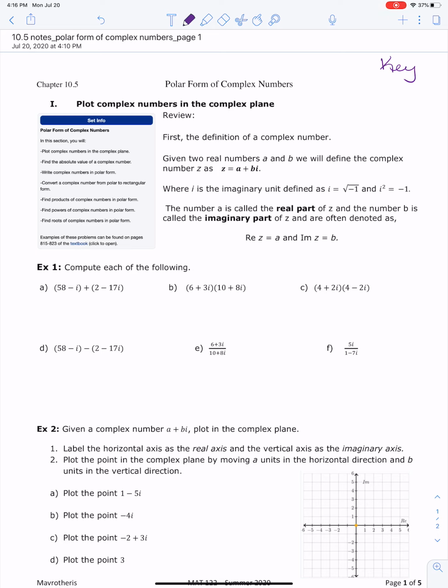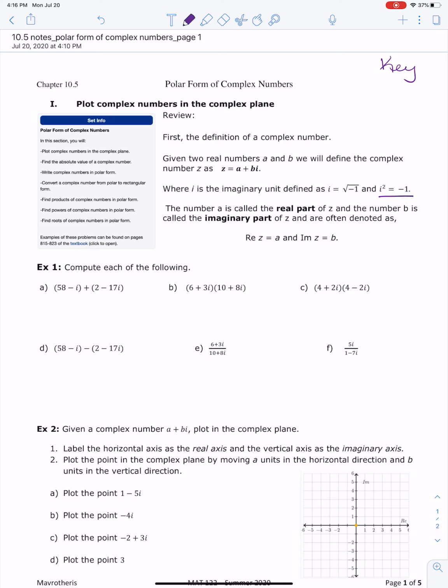Complex numbers will be written as z equals a plus bi. A and b are both real numbers. i is the imaginary unit. It's the square root of -1. And so sometimes we use that to write things in terms of i. A lot of times we use the fact that i squared equals -1 to put things back in terms of real numbers.